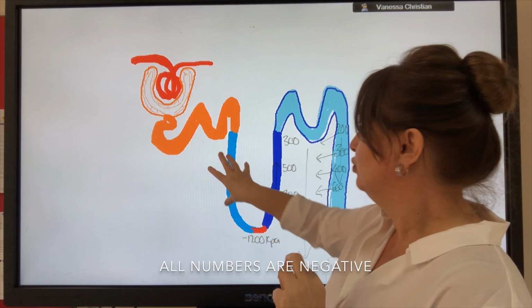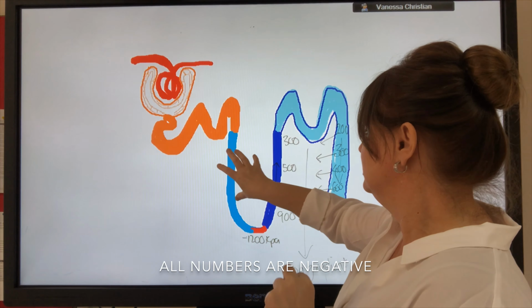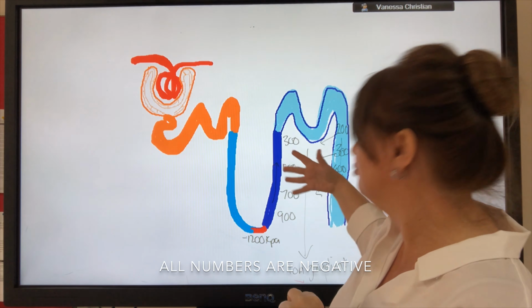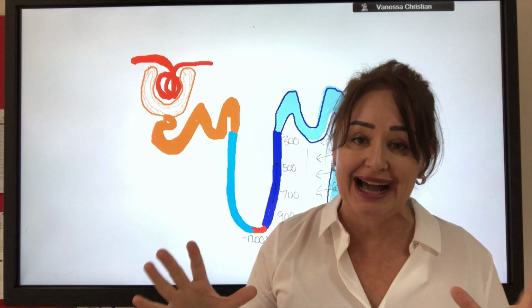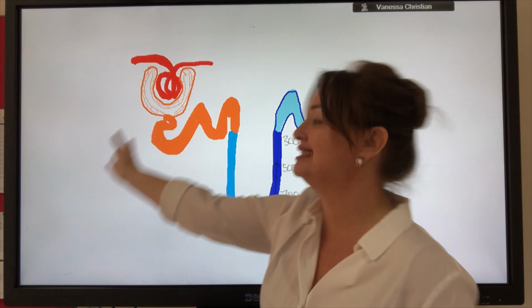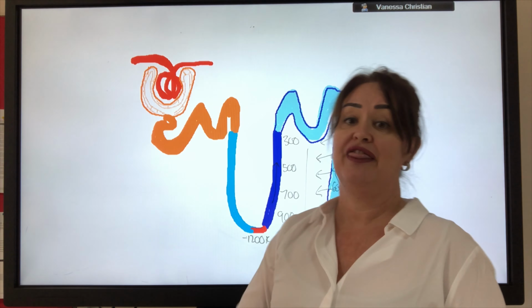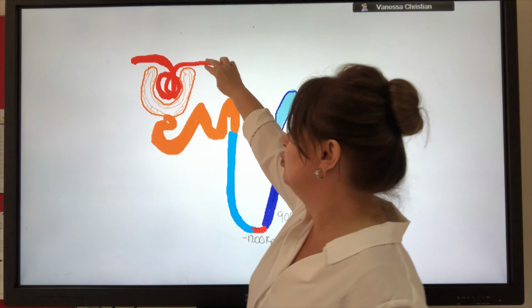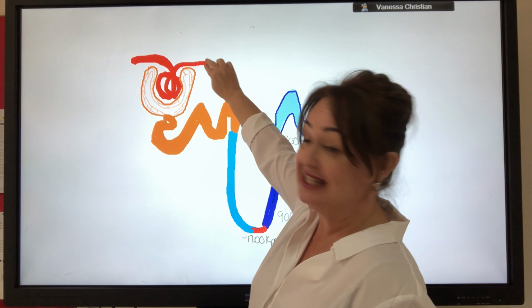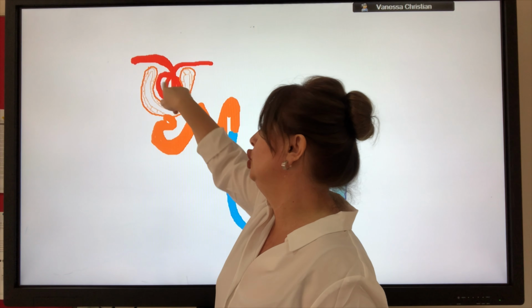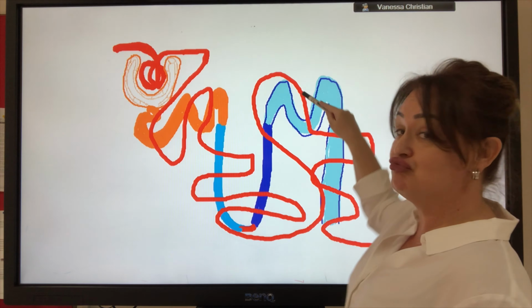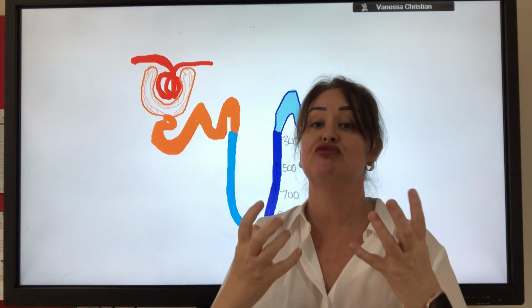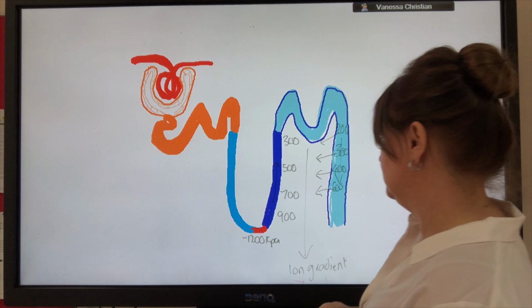Why? Because what goes on here is decided by what goes on here. The pumping out of the sodium ions causes water to follow, and the big idea that all of this is covered with the capillary. Which capillary? The one that's come from this glomerular loop here. And so it's already very, very low in water, and water's going to move readily back in by osmosis.